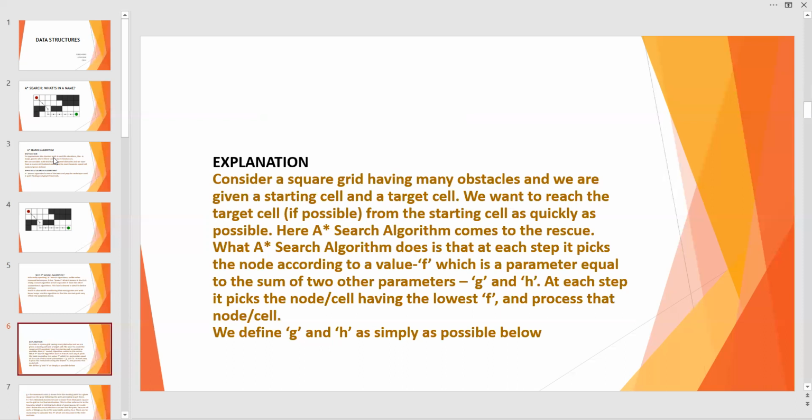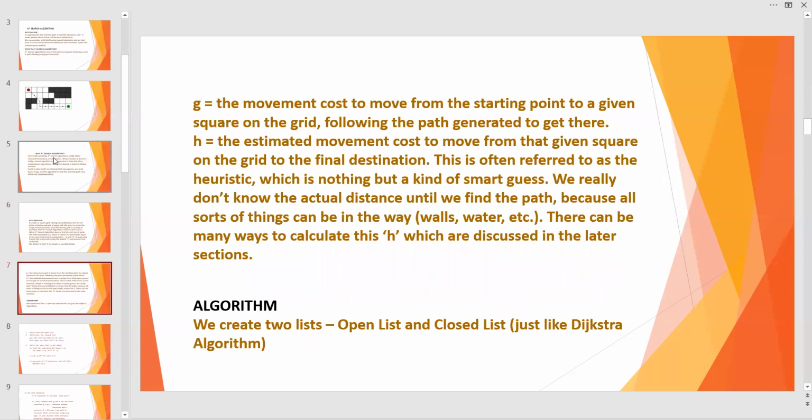We define g and h as simply as possible below. g equals the movement cost to move from the starting point to a given square on the grid, following the path generated to get there. h equals the estimated movement cost to move from that given square on the grid to the final destination.